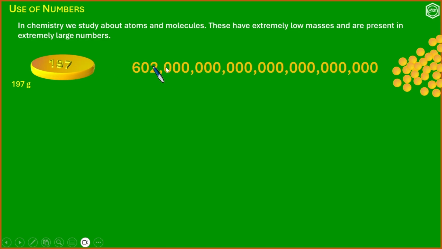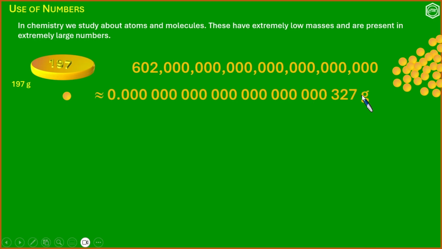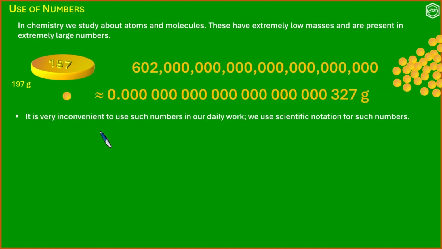Since we know the total mass of this much number of gold atoms, we can calculate the mass of one gold atom. And this comes out to be a very small number. That is decimal place and 21 zeros 327 gram. Thus, as chemists, we have to deal with such large and small numbers. It is very inconvenient to use such numbers in our daily work.